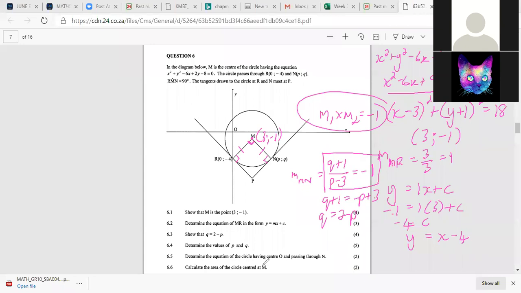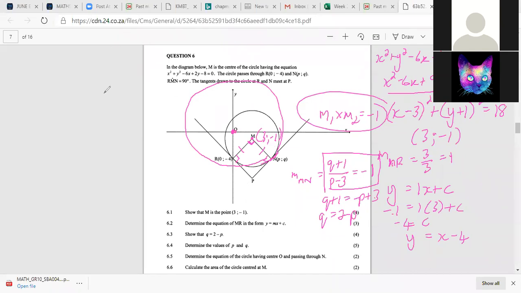All right, and then determine the equation of the circle having a center O and passing through N. So in other words, we would need the radius. So what do we need for the equation of a circle? We need the center and we need the radius. We know the center, okay?